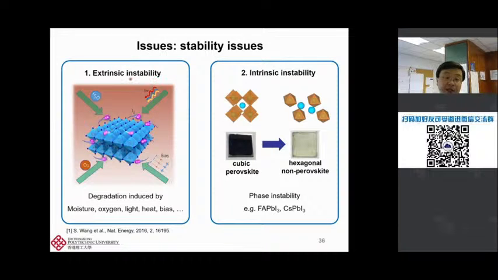There is extrinsic instability, like moisture, oxygen, etc., and there is intrinsic instability. This includes phase instability in some types of perovskite, like FAPbI3, and also all-inorganic perovskite, and it also includes stress and strain related instability.